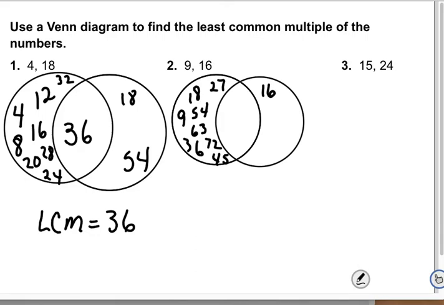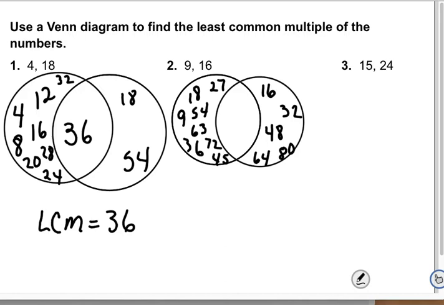What's 16 times 2, Braden? 32. 16 times 3? 48. 16 times 4? 64. 16 times 5? 80. Have we found one yet? Do we have a common multiple yet?